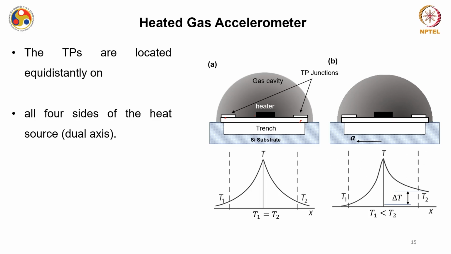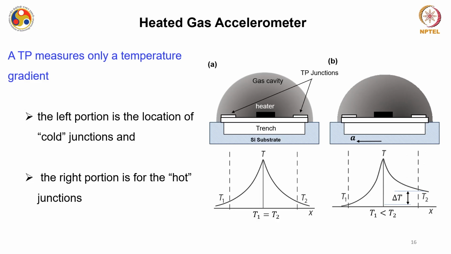If it is a biaxis, you have another trench formed here, and 2 thermopiles are placed over there. So the total number of thermopile pairs is 2. And similarly for triaxis, you have 3 pairs, or 6 thermopiles placed. So thermopiles are located equidistantly on all the 4 axes of the heater source, if you are talking about a dual axis HGA.